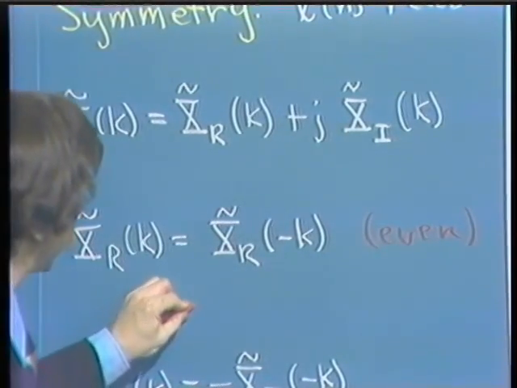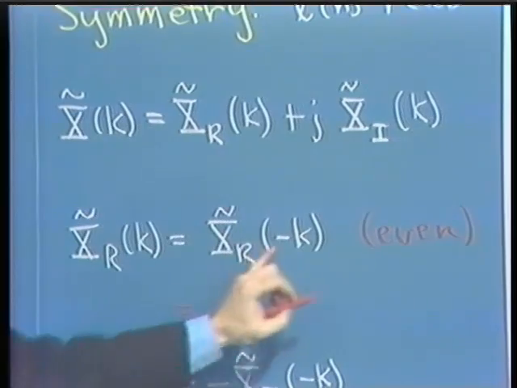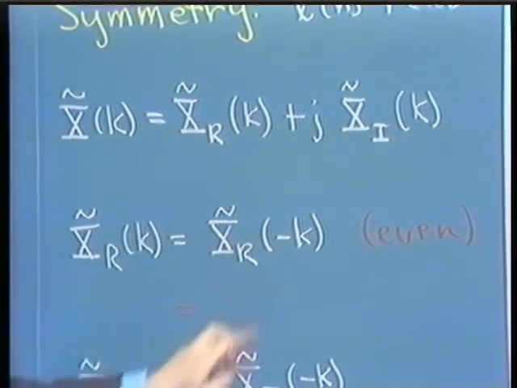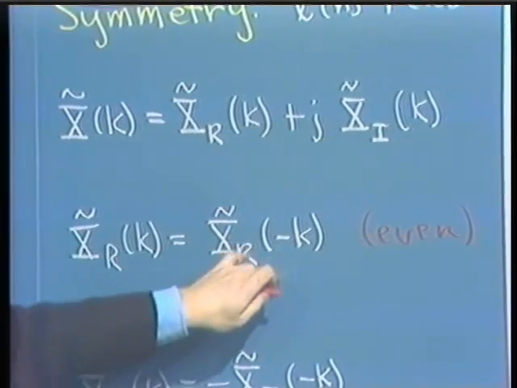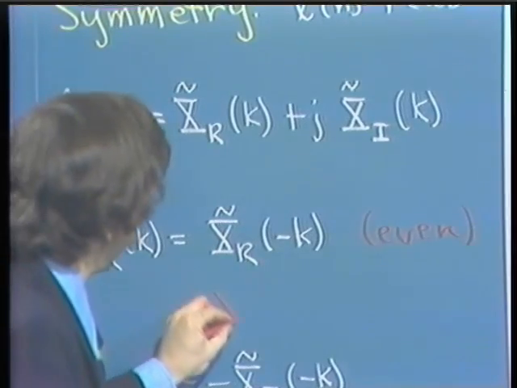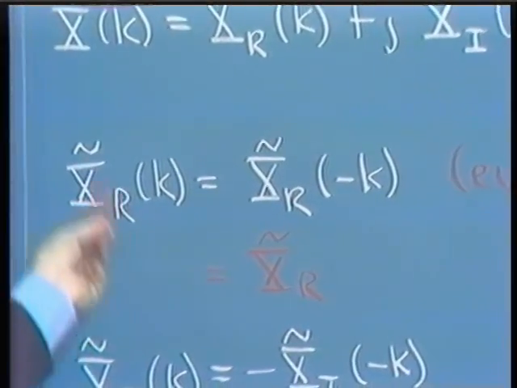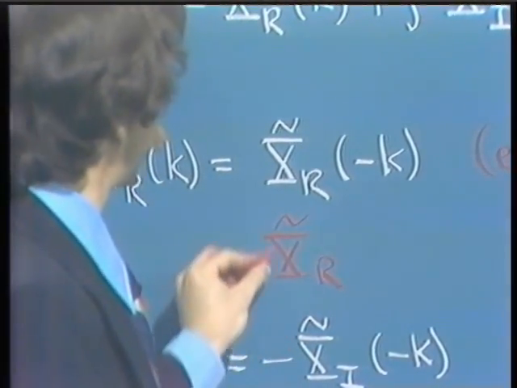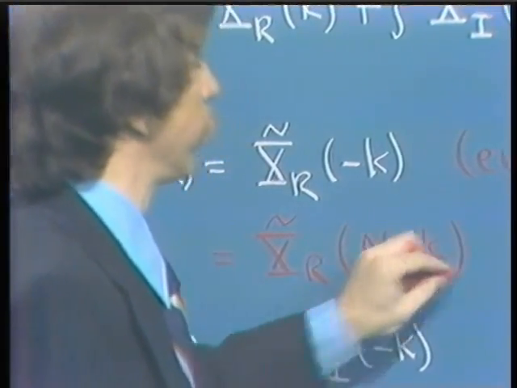We can also write this in another way that will become important when we talk about the discrete Fourier transform. Since x tilde of k is periodic, obviously its real part is also periodic, so we can replace k by k plus capital N, or k minus capital N, and rewrite this as a statement that x sub r tilde of k is equal to x sub r tilde of capital N minus k.